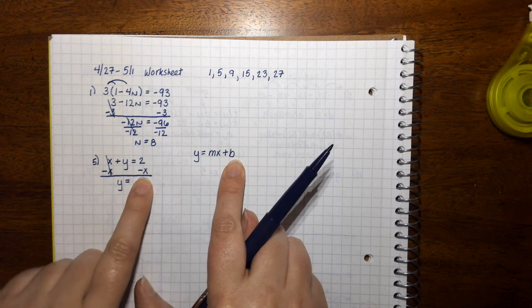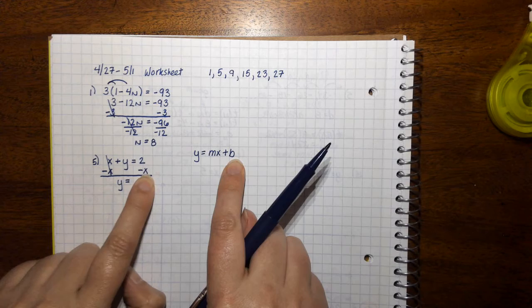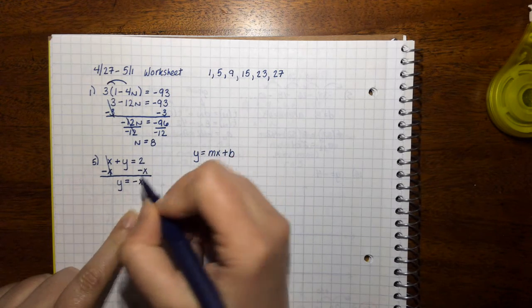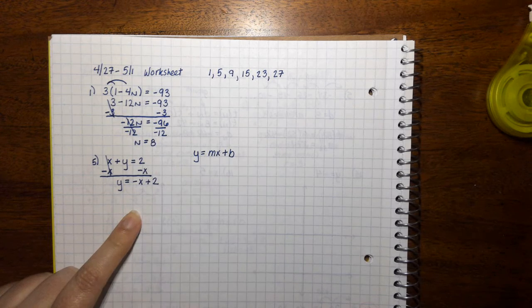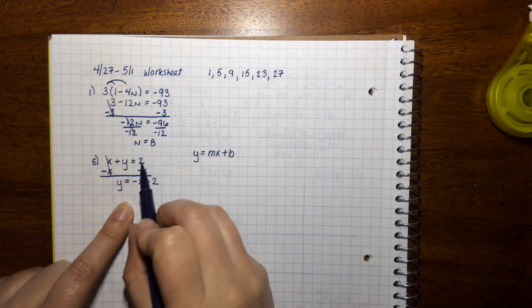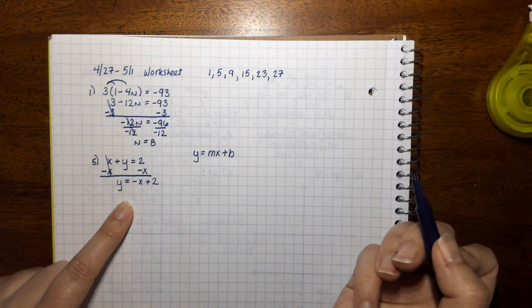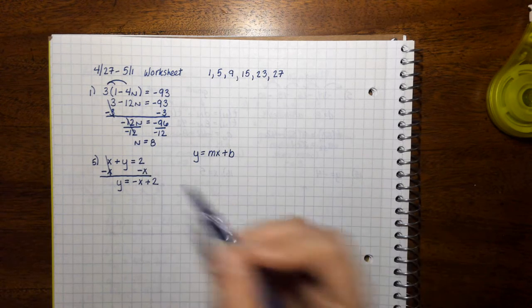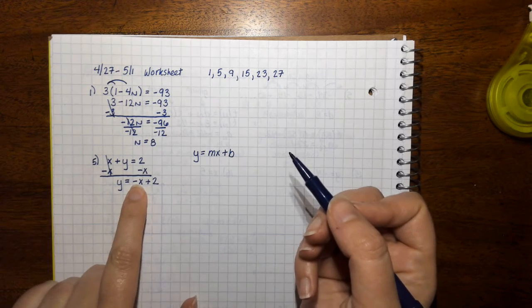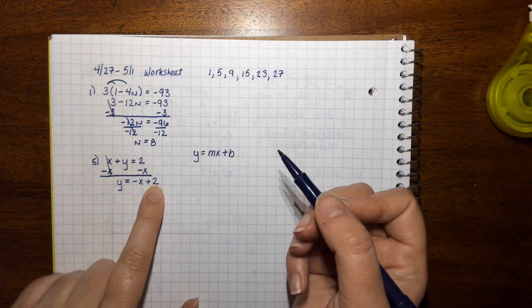So I'm suggesting that you take whatever has the x on it, put that in front, and then add 2. So negative x plus 2. Okay, now this should look like something we've worked with in the past. I have a slope of -1 and a starting point of 2.